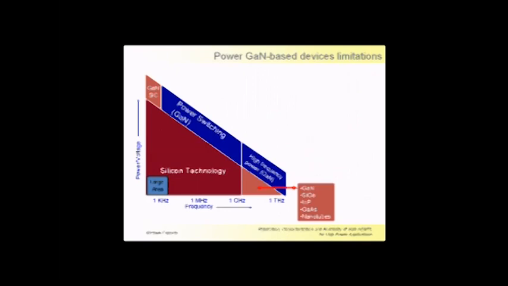But there are some limitations on this technology for power switching applications. The main limitations are the normally off behavior. We need a normally off device for safety reasons in hard switching. We want to have gate leakage current suppression, and we have to deal with a lateral structure.